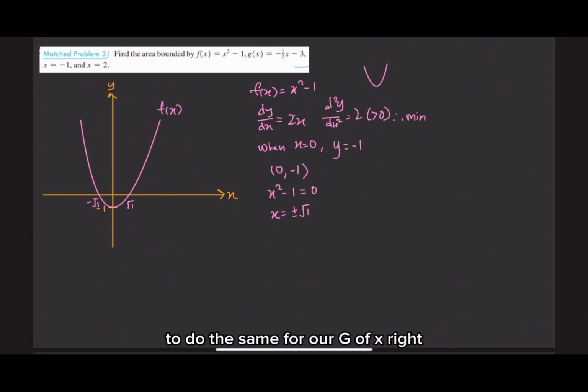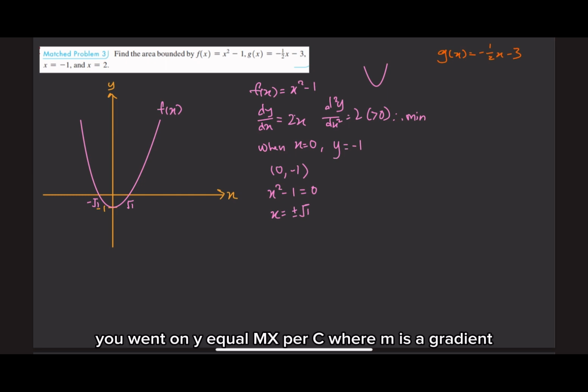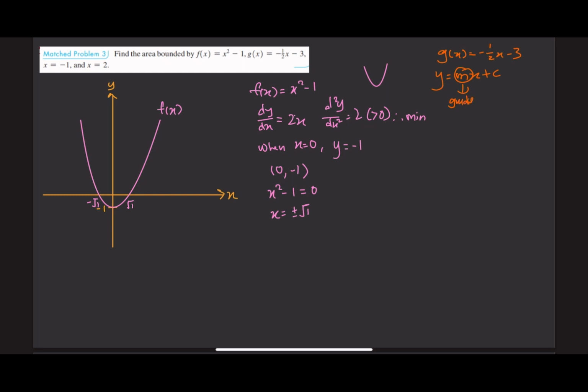And now we want to do the same for our g of x, right? Because g of x equals negative half of x minus 3. Given y equals mx plus c, where m is the gradient or slope and c is the y-intercept, our graph intersects at y equals negative 3.